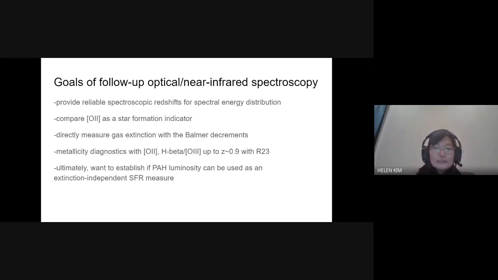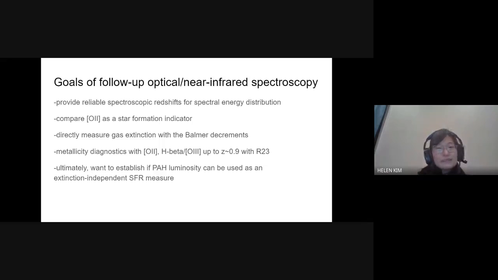So for example, with using the H gamma to H beta lines or the H alpha to H beta ratio. We can also learn more about the metallicity of the galaxies using the O2 doublet, H beta, and O3 up to a redshift of 0.9.